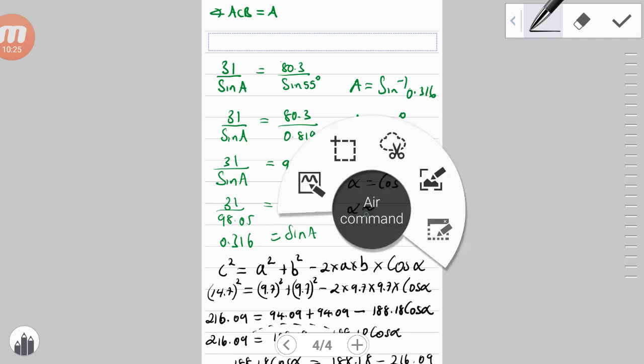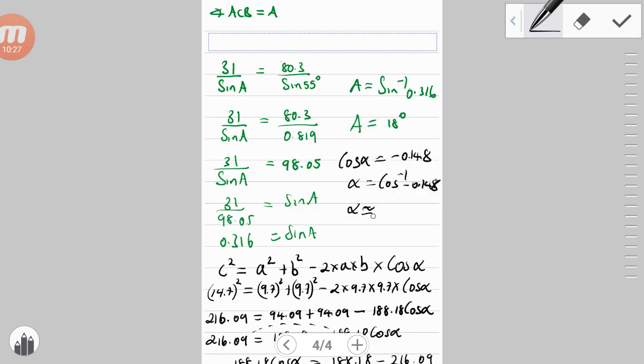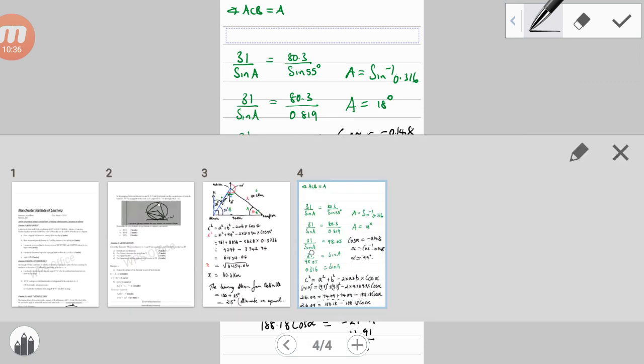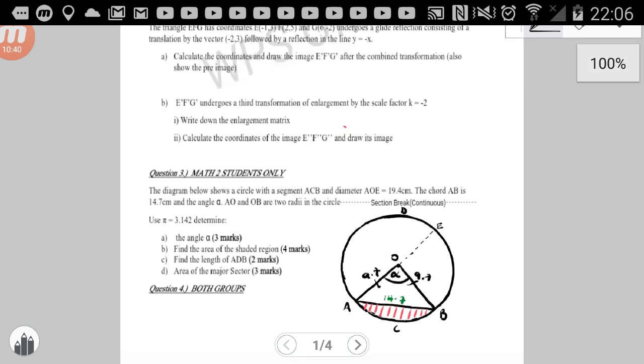So alpha is approximately equal to 98.5, so that's 99 degrees. So the angle that is actually between here is 99 degrees.